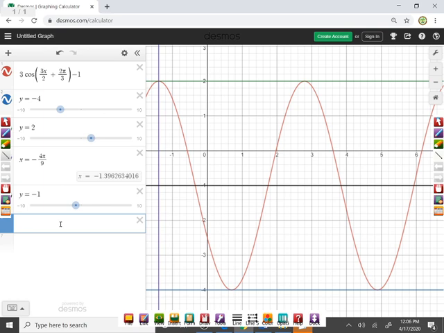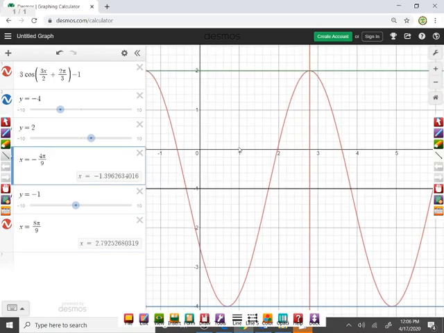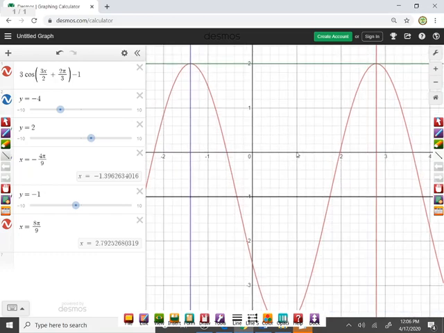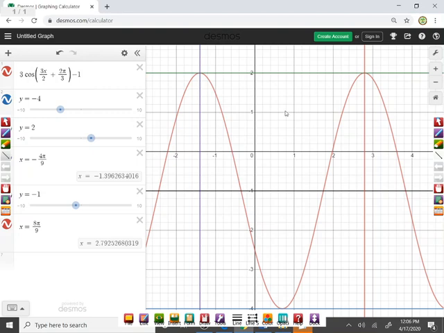x equal 8 pi divided by 9, which is this. You see the beginning and the end. If you subtract this from this, you will get the period. Good. Okay.